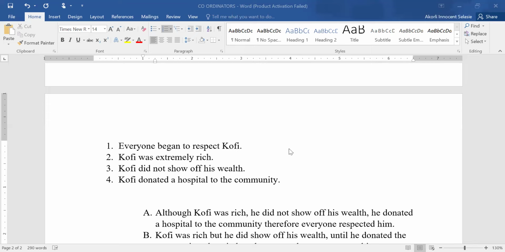Assuming you have something like children, you will not say child plus ren. No, it doesn't work. It should be child plus plural, or child plus s. So that's how we analyze some of these things.